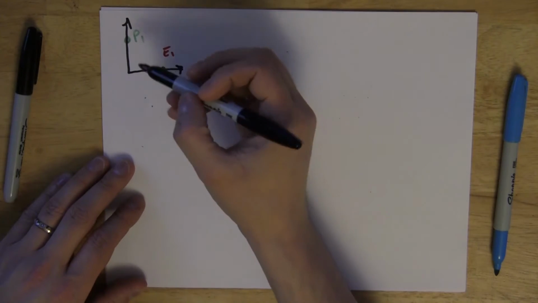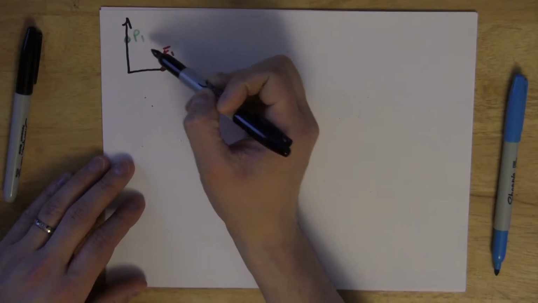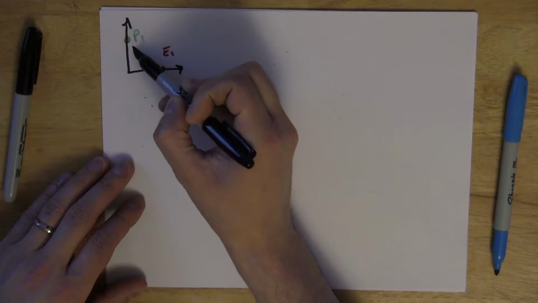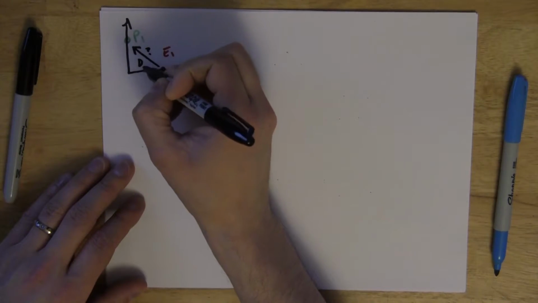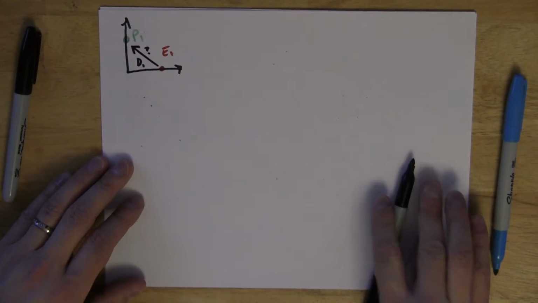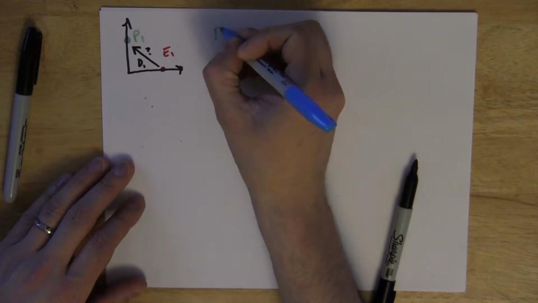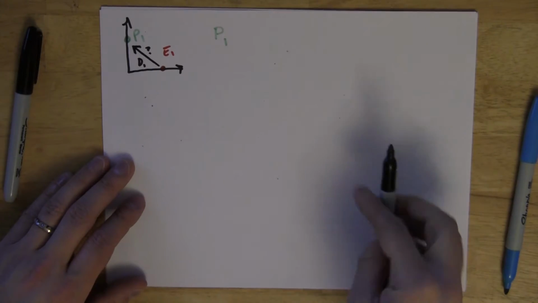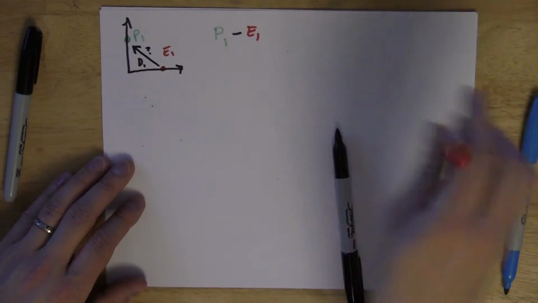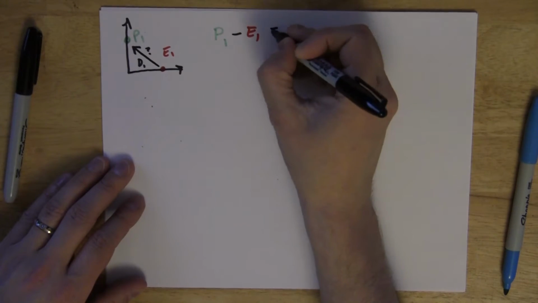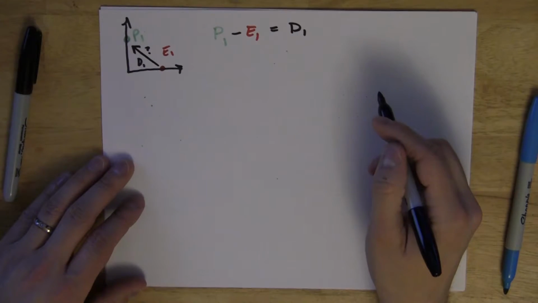What we want to do is figure out how to tell the enemy to move towards the player. We want to find out this vector, which I'm going to call D1. To do that, all we have to do is take the player's position, P1, subtract E1 from it, and that's going to give us D1, or the direction to move into.